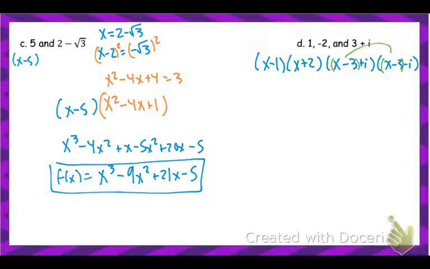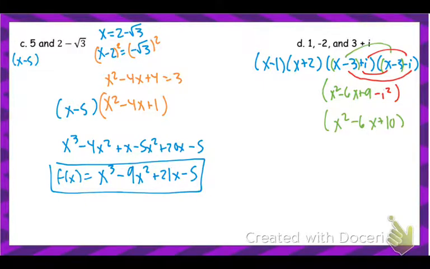Because now, if I do x minus 3 times x minus 3, that would give me x squared minus 6x plus 9. But then my middles here, those are a difference of squares. Those middles are going to cancel out. So then I would just have minus i squared, which we know is the same thing as plus 1.